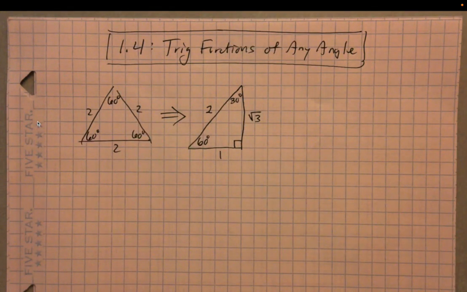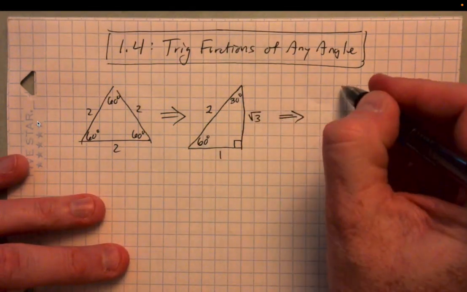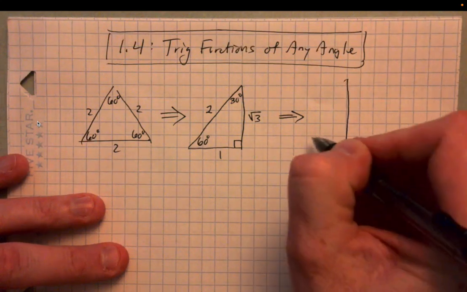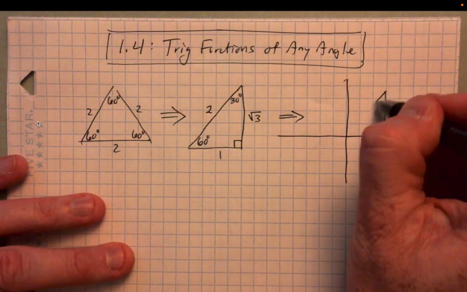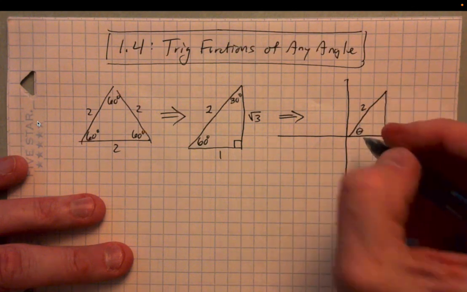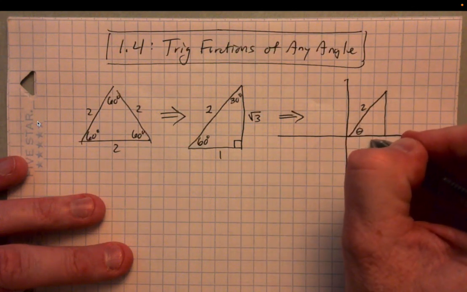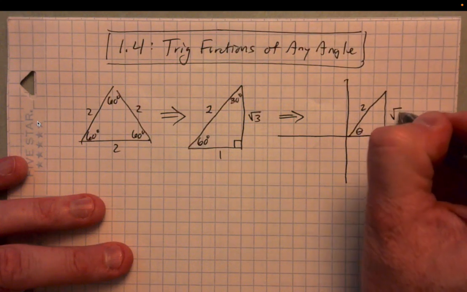Now let's take this and insert it into a coordinate system. I'm going to put in my y-axis and my x-axis, and draw this on here like so. I've got a hypotenuse of 2 that represents the length of this ray, then I've got 1 down here, and square root of 3 up here.